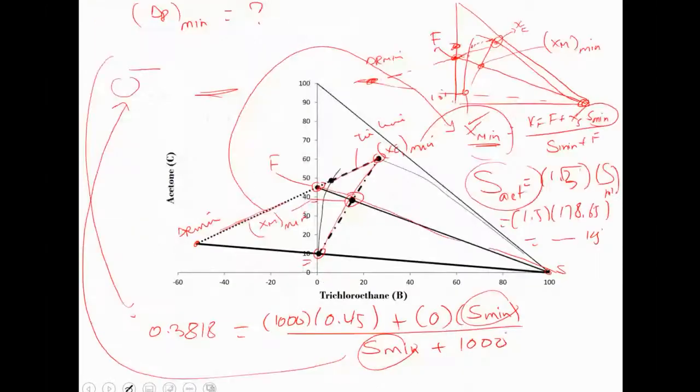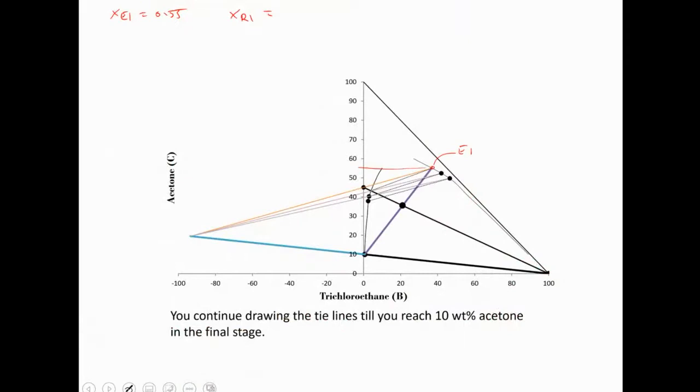So I go back and 0.41. This could be the first point here. This is going to be XR1 equal to 0.41. Now, once I know this one, I connect it to the delta R, and I extend this line to obtain E2. Now XE2, maybe 0.5. Let's say 0.5.